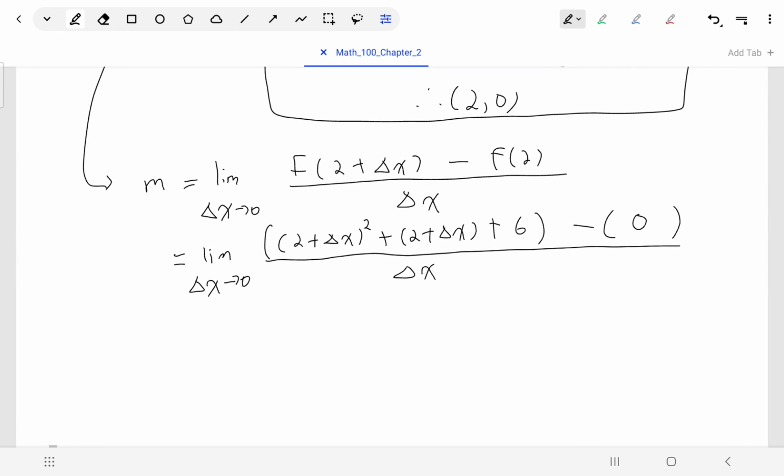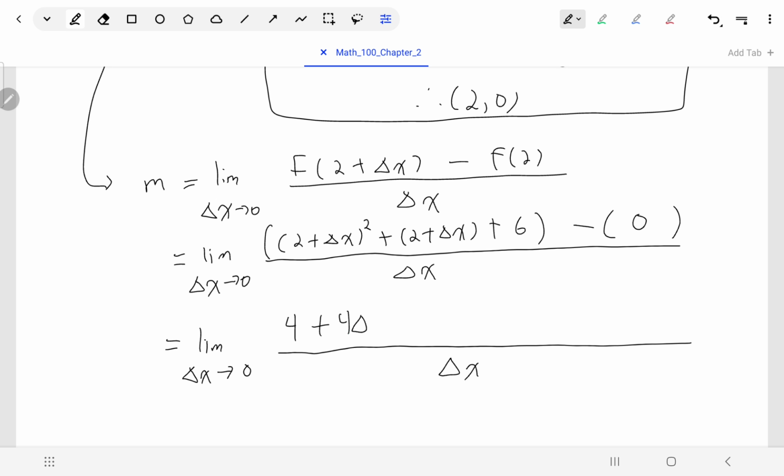One thing you'll notice as I write down each and every line is that until I actually evaluate my limit, I have to write limit as delta x approaches 0. Right now I haven't let delta x approach anything, so I still have to keep writing it on each and every line. So let's clean this up. If I expand the top, 2 plus delta x, when I square the whole thing out, I'll have 4 plus 4 times delta x plus delta x squared.